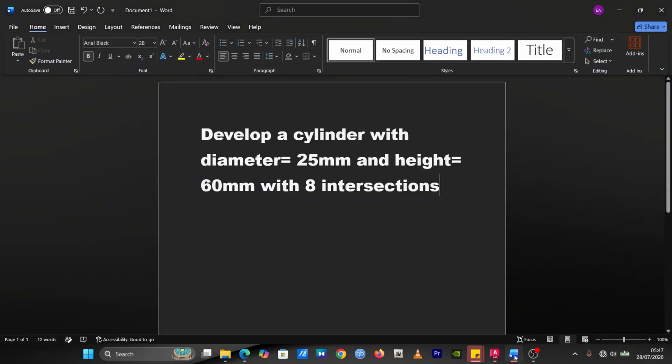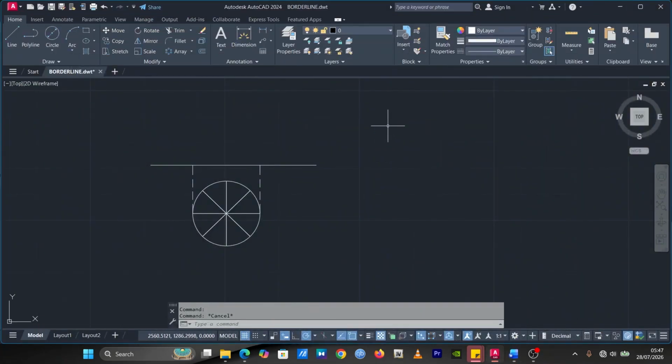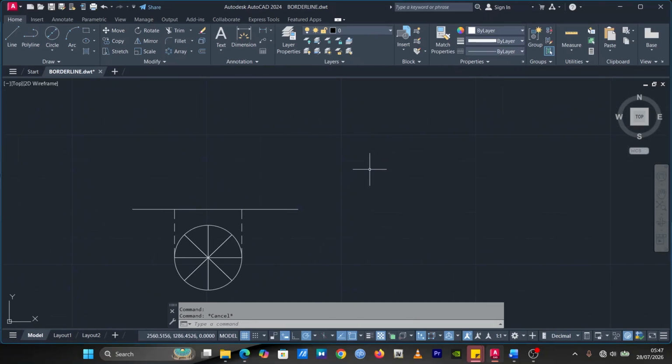And our question says with a height of 60 millimeters. You know that VP is always going to be your vertical side. So most of the times you use your height at the VP side. So the downside is your HP and your upside is your VP.